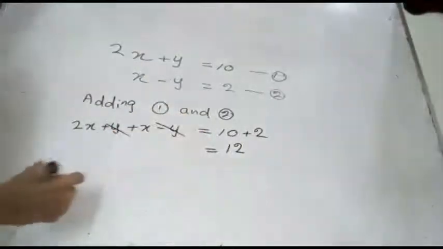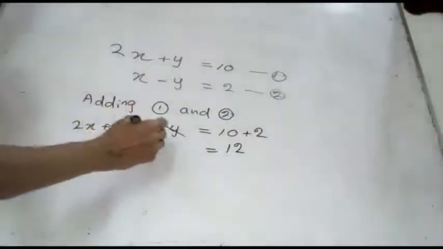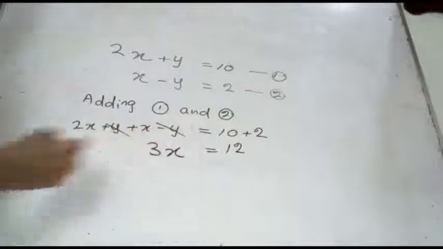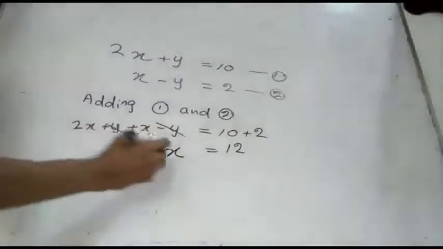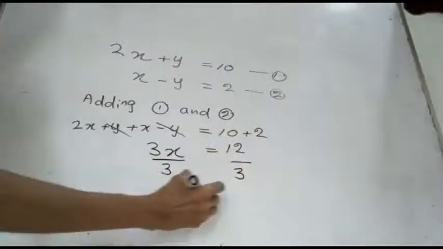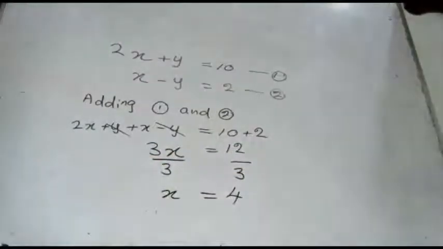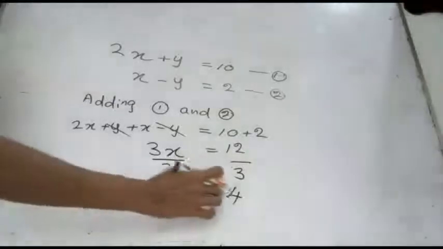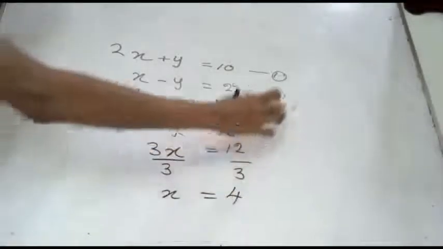Positive y and negative y cancel out. 2x plus x, 3x is equal to 12. Both sides divide by 3. x is equal to 4.